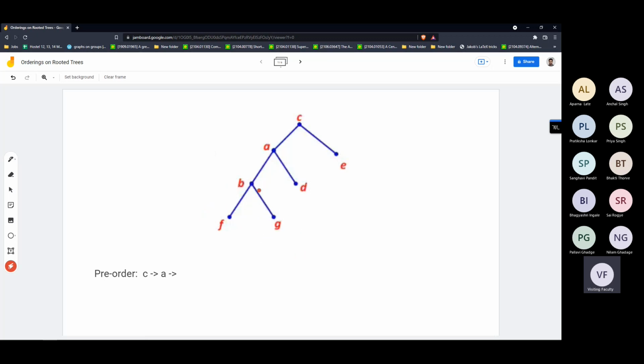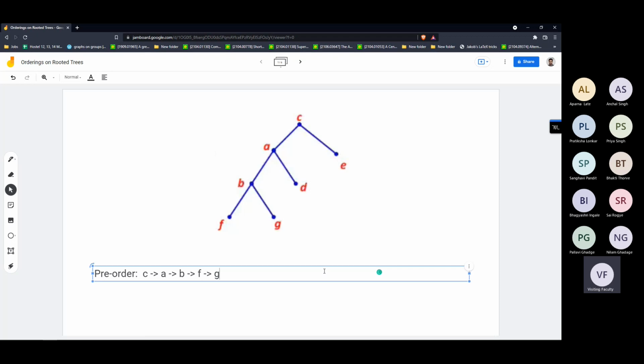So in the left subtree of A, you have first the root B, its left subtree F, and its right subtree G.